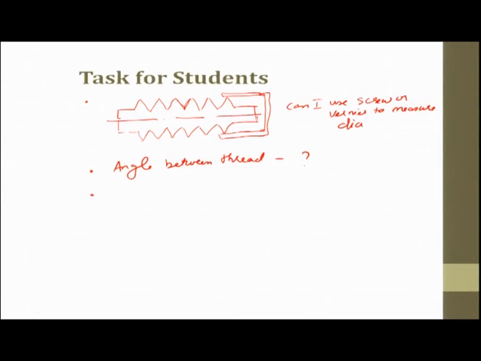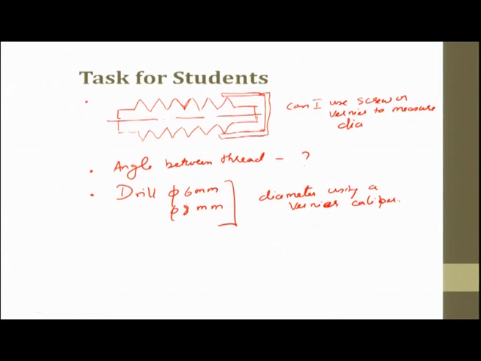The last one is, take a drill of any dimension, 6 millimeter, 8 millimeter, right? Any drill, try to measure the diameter using a vernier caliper, okay, and see whether you get the results correct.